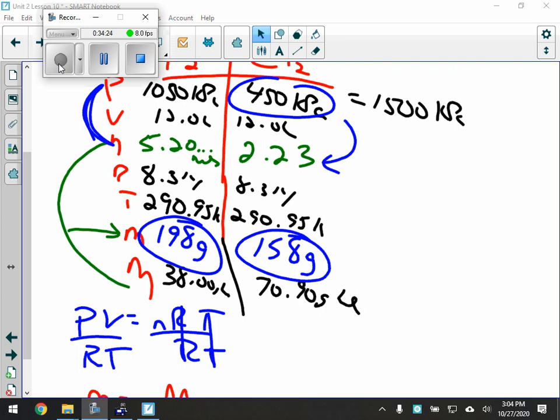That's how all these variables are related. PV equals nRT, right? But again, it doesn't matter what the gas is. It matters on the amount of the gas, or the number of molecules, or the number of collisions you have.